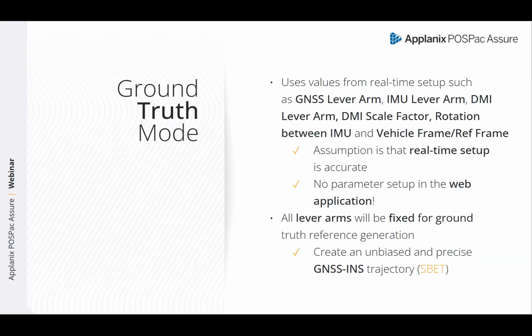We're not floating them to create really the ground truth reference. So we are going to create an unbiased, precise GNSS INS trajectory. And we are floating nothing because we want to make sure there's no additional noise in it. And again, I repeat, the user interface does not allow you to enter any of those lever arms. That needs to be done on the system itself before it's presented to the POSPac Assure web application.